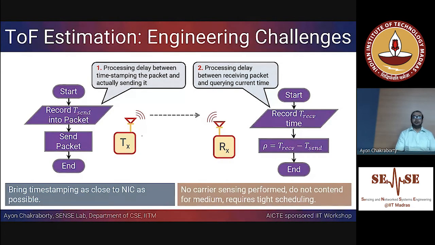So what we try to do is not do carrier sensing. You are all aware of medium access control protocols, where in the wireless medium we do carrier sensing. If we see the medium is busy, we defer the transmission. If we see the medium is idle, we try to transmit. Then there are backoff algorithms and so on.